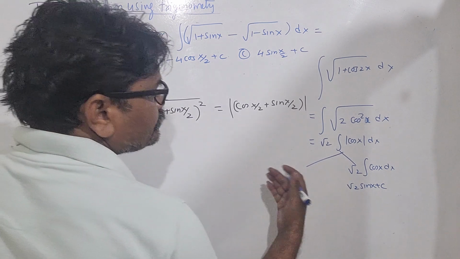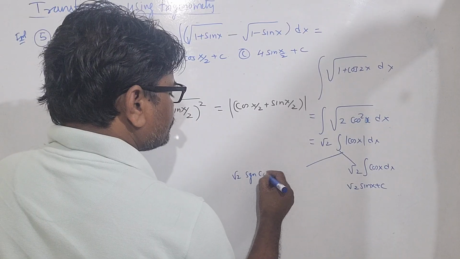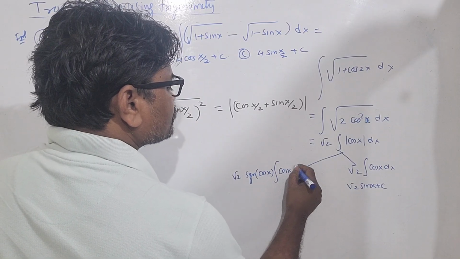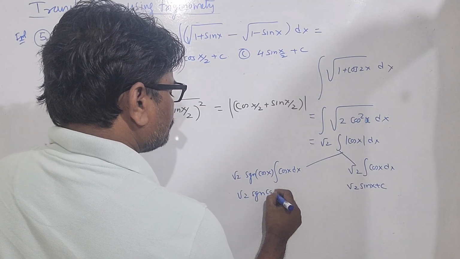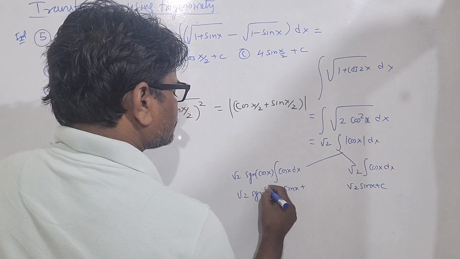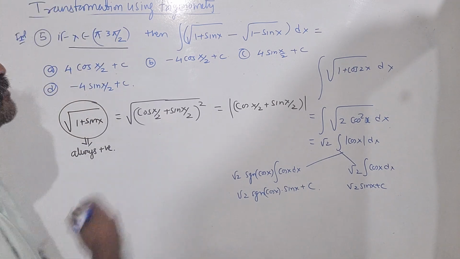Or I can do the integration that is root 2 into signum of cos x into integration of cos x dx, correct? So this is root 2 signum of cos x into sin x plus c. This we all know how to do. I have already explained that. Correct? But now coming to this question.